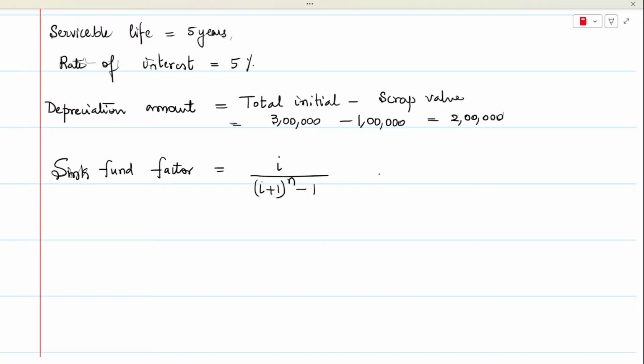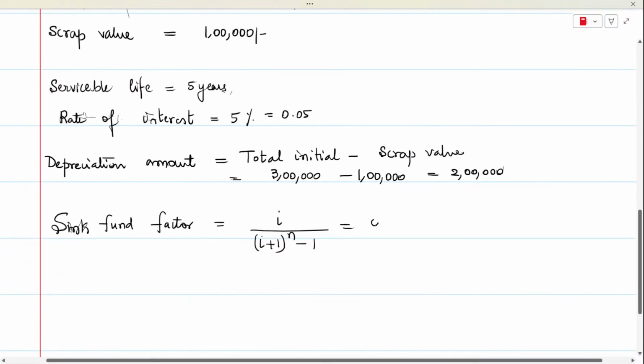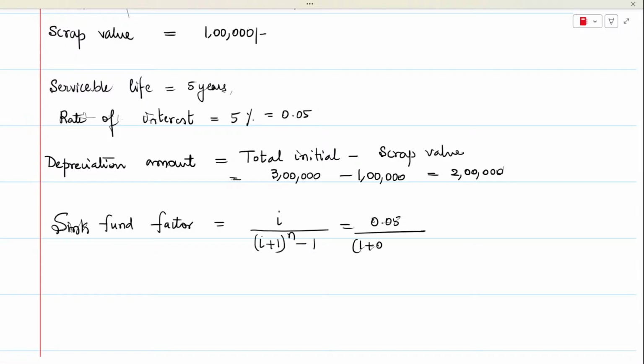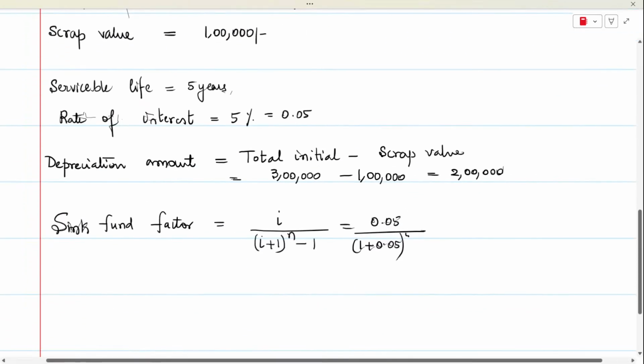So i here is rate of interest, which is 5%, which is 0.05. So this is 0.05 divided by (1 plus 0.05) whole power n minus 1, where n is number of years, which is 5 years.